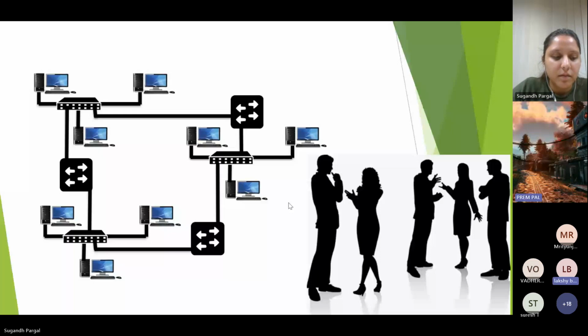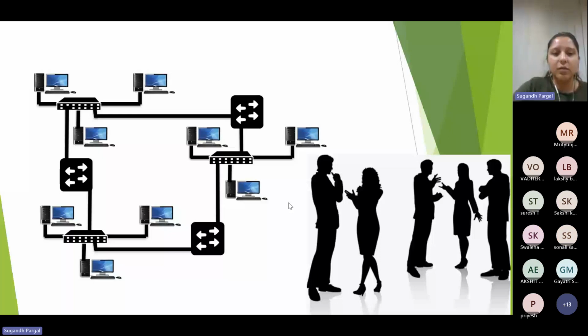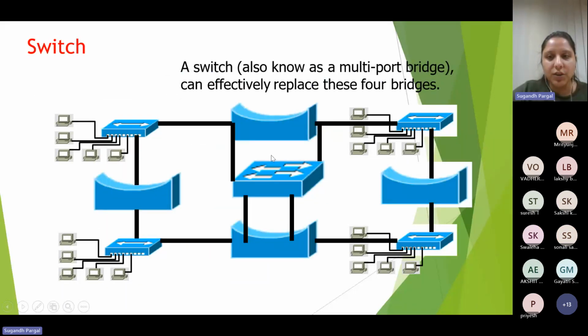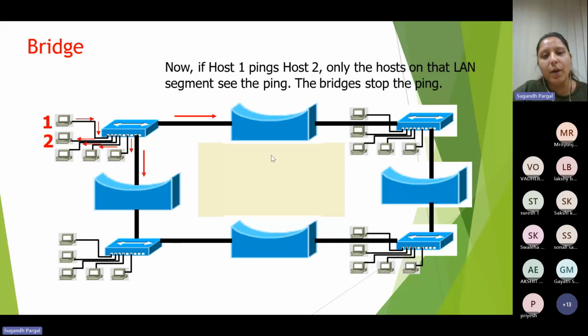Student: Ma'am, and what about the switches? Does it store the MAC addresses? Yes, the switches are able to store the MAC addresses. Whenever a request is made in the case of a switch, it is able to filter it based on the MAC address. Bridges and switches are one and the same thing, but the difference is that if you want to connect individually, you have to place different bridges, while a switch is a network layer device and is useful.